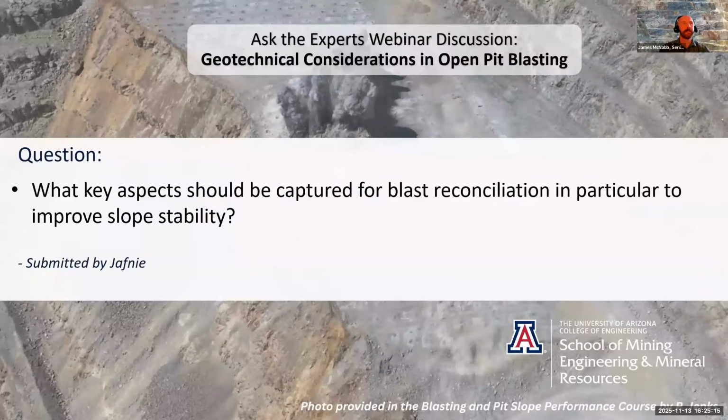Yeah, I just think don't forget the physical response from the slope. The crest loss and the effective berm width that you're measuring on a routine basis are part of the blast reconciliation process, and obviously an absolute key one.